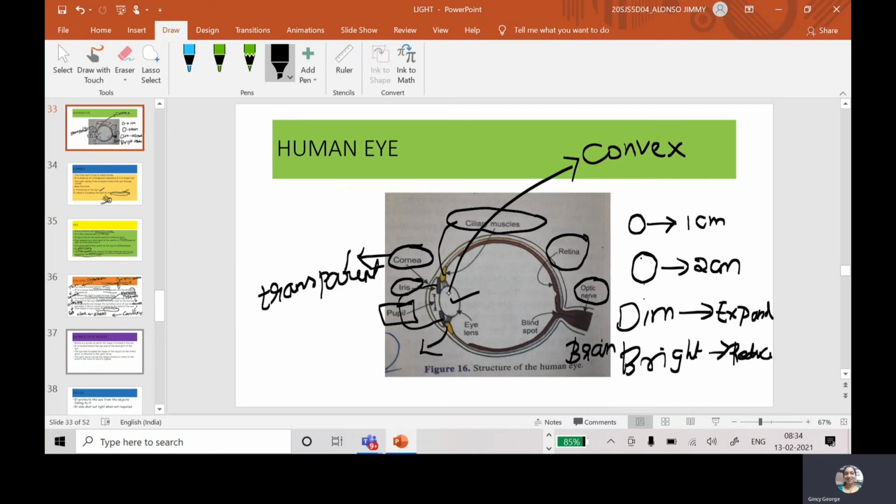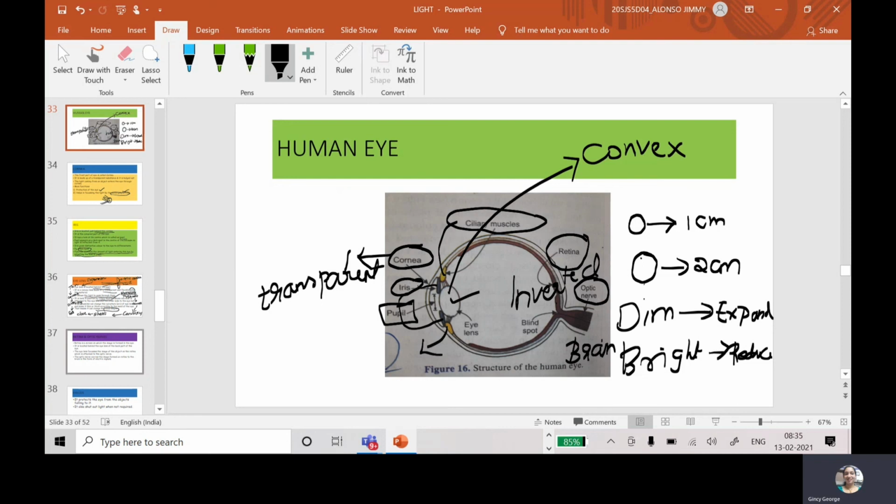So once the image is formed here, it is in the form of an inverted image. The image is not upright or erect. The image is inverted. Okay, this inverted image information is in the form of electric impulses.